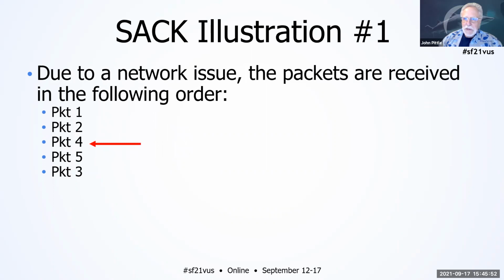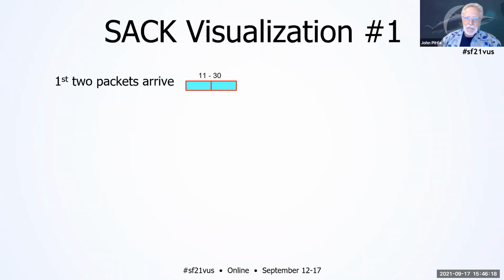In our illustration, packet number 4 shows up at the receiver after packet 2, followed by packet 5, and then packet 3 finally shows up. So packet 3 arrives late. Packet 4 is going to be out of order, packet 5 is going to be out of order, and packet 3 is going to be the happy packet.